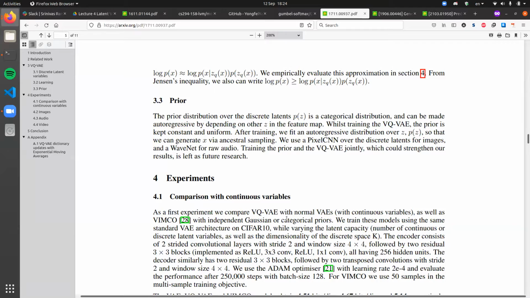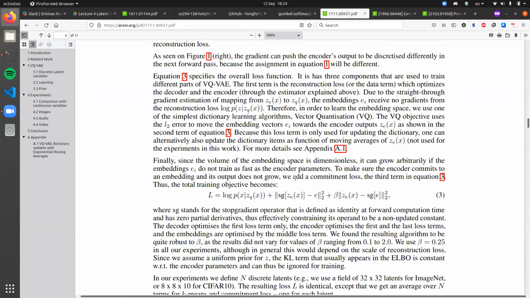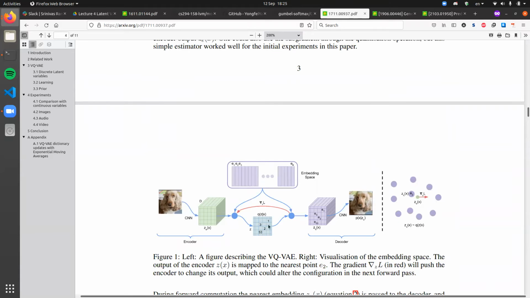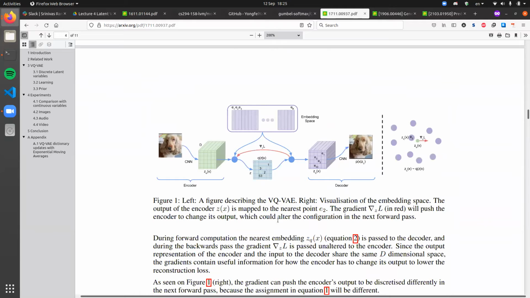Okay, and so about sampling. To sample from this model, we need to somehow get this Z here, so we need this discrete code. What the authors do is train another model, which they call a prior model, an autoregressive model. In this case, it was PixelCNN, to model this distribution over the latent space.